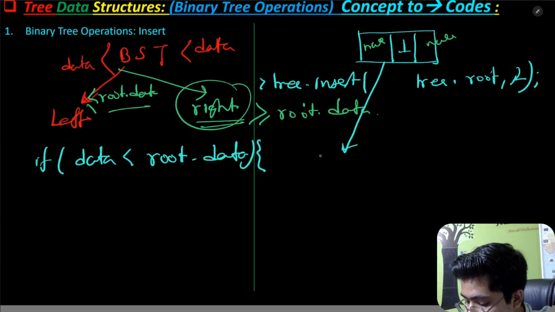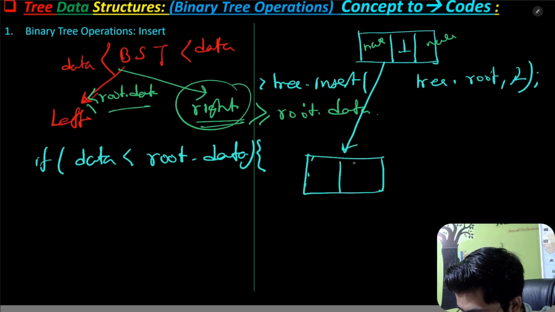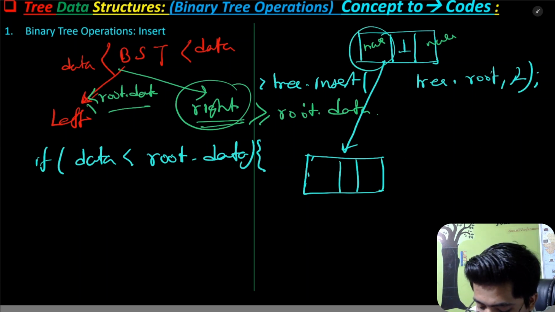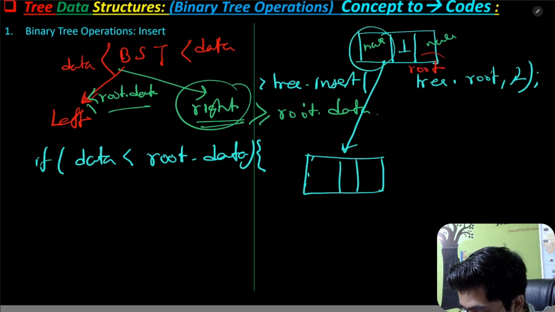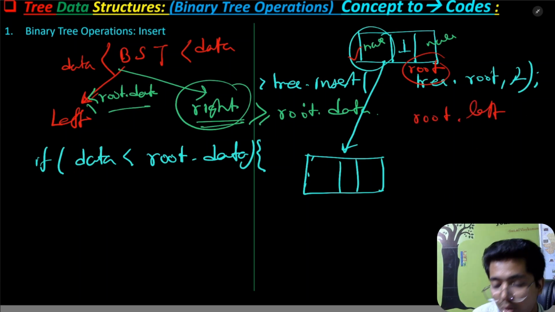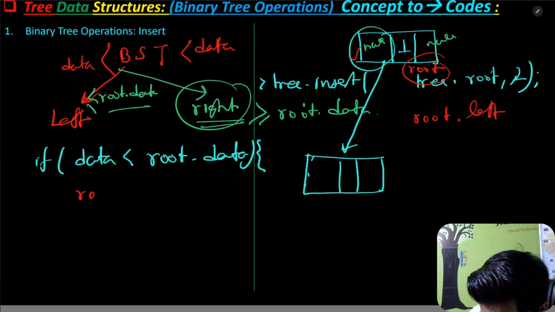That means we'll be inserting a new node here. We want to create a new node here, and for that we want to assign the new node in here. That means if that is the root, then we want to insert in this position and we call it root dot left. So we'll just write root dot left equals insert.